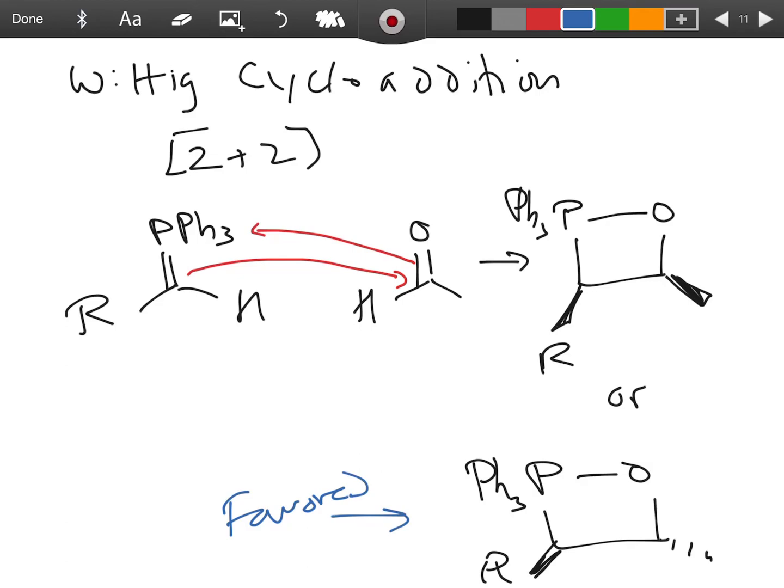So the puckered transition state, the one where they're at 90 degrees, is favored over when they just come together and are planar. So that is why you get the Z selectivity. That's why you always make cis double bonds.